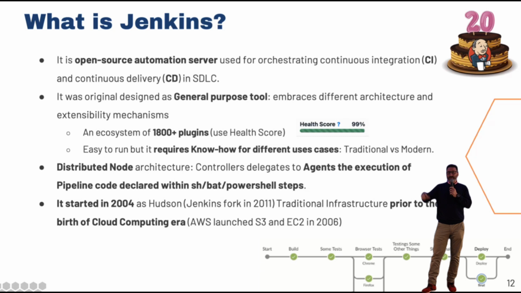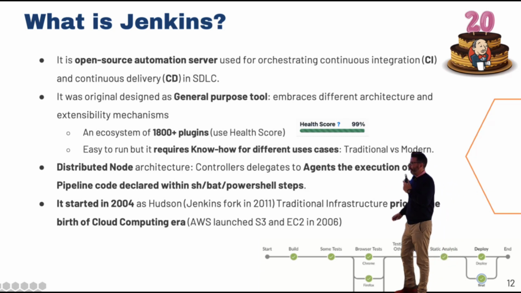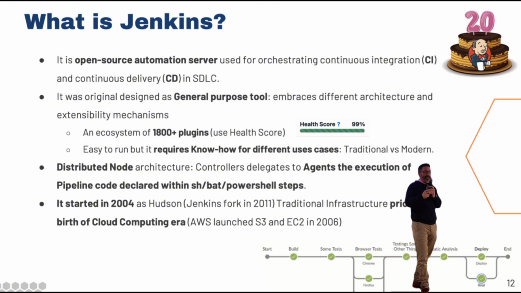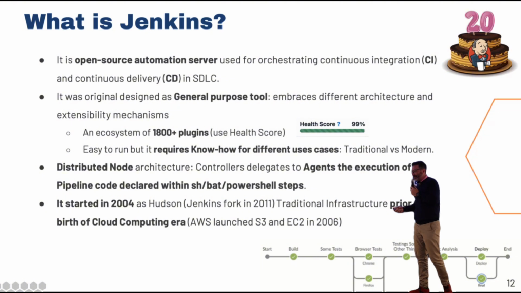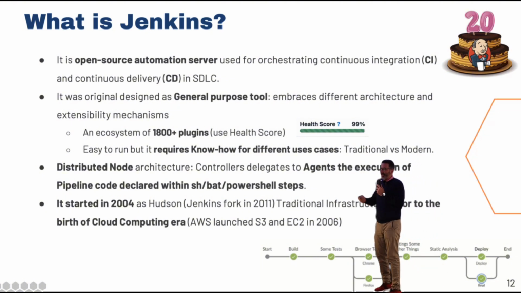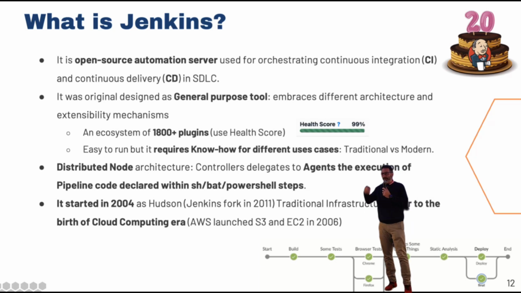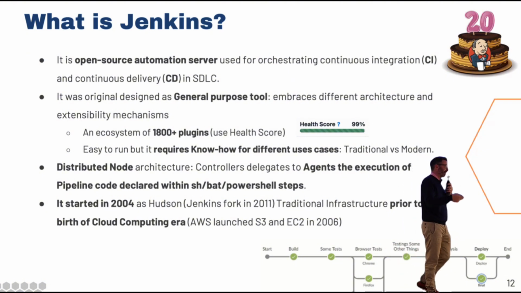What the controller does is delegate the responsibility of running those pipelines. Important: anything that is not running within an sh or bat step will be running on the Jenkins controller. A classic problem for customers that I work with is that they have a huge library of poor Groovy that is not running within any sh or bat step, and all that Groovy is running on the controller, and it can cause overhead.